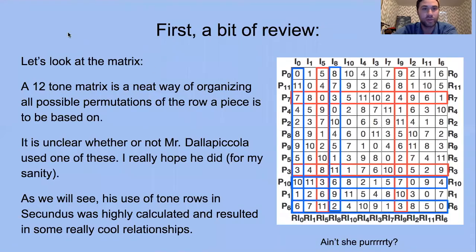All right, first a bit of review about 12-tone music. Well, I want to say 12-tone music was conceived by Arnold Schoenberg in the early 1920s, after a long period of him trying to figure out a new way of organizing music so that it kind of threw tonality out the window.